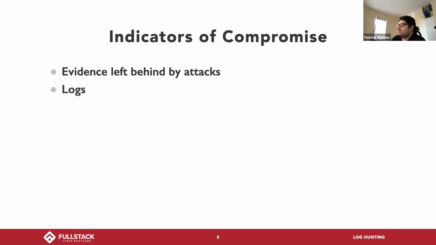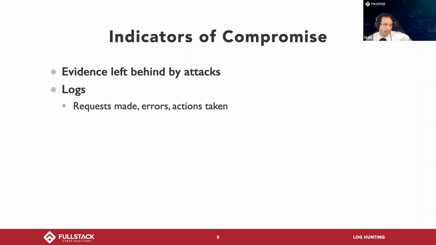A large amount of failed logins. For sure. All right. What requests are made, any errors, failed logins, any actions taken, someone successfully completing any of these things. Any of these are things we can expect to see inside the logs that would be an indicator of compromise.